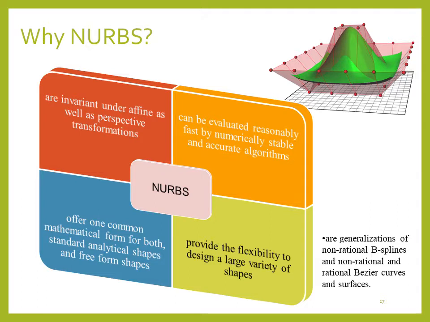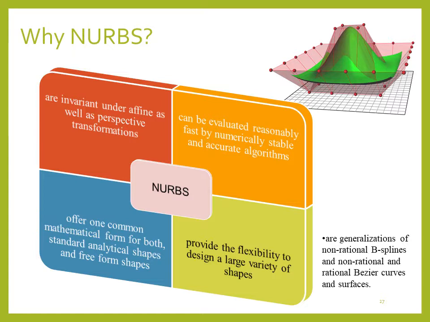So why do we use NURBS? We use NURBS because they are invariant under affine as well as perspective transformations. They can easily be evaluated reasonably fast by numerically stable and accurate algorithms, which is what we're looking for. NURBS also provide the flexibility of design to a large variety of shapes, ranging from, as I mentioned, a simple 2D line to the most complex free-form surface or solid.